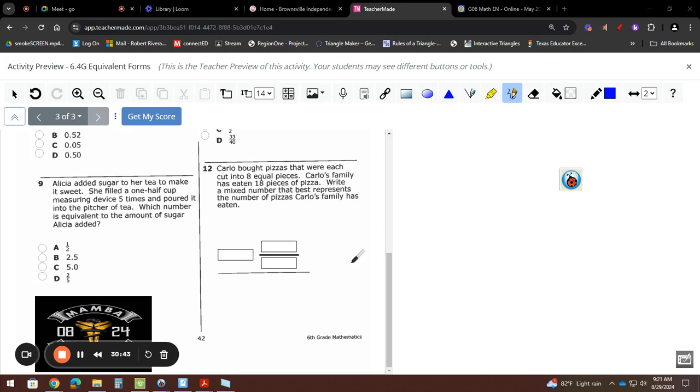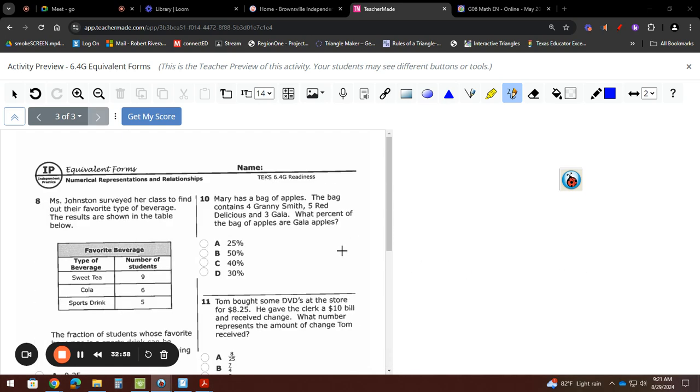Now number 10. Pepita has a bag of bananas. The bag contains 5 granny bananas.